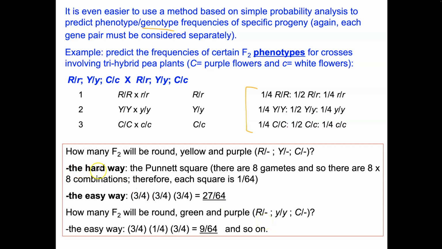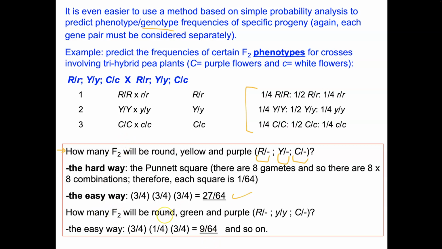If you were doing this the hard way, you'd have a 64 square Punnett square, and you'd figure out all the different combinations, and then figure out which ones have all the dominants. But instead, it's much simpler to ask, what is the probability of this genotype, and this genotype, and you just do your multiplication and get your answer.